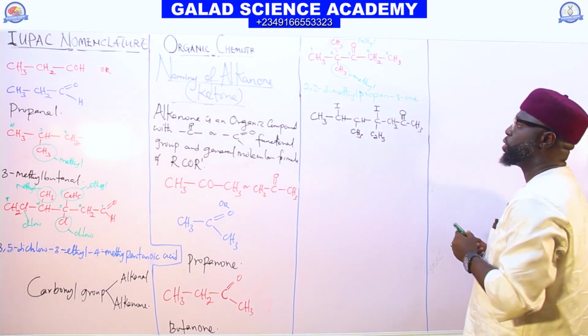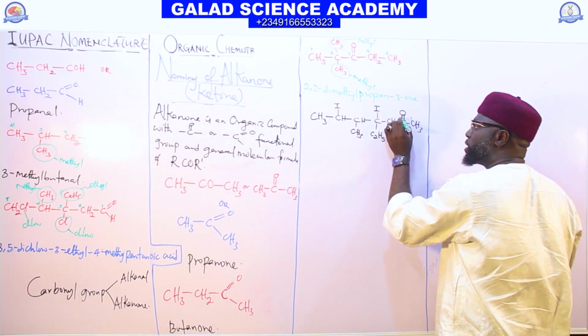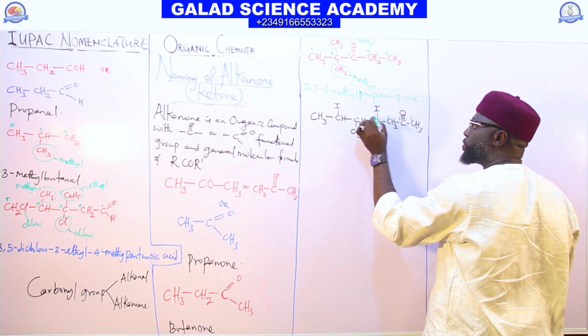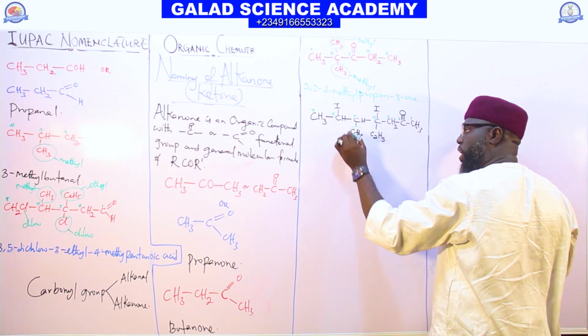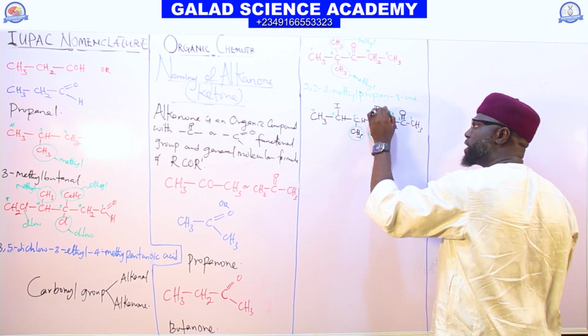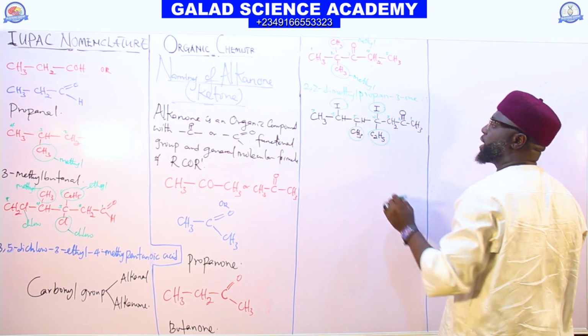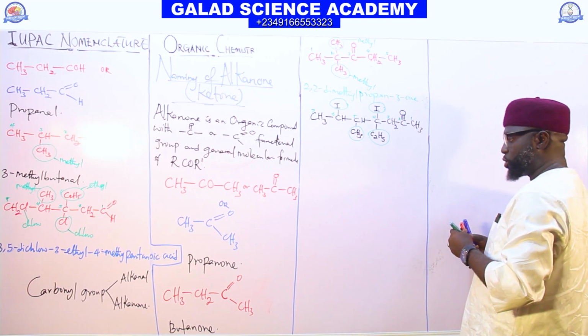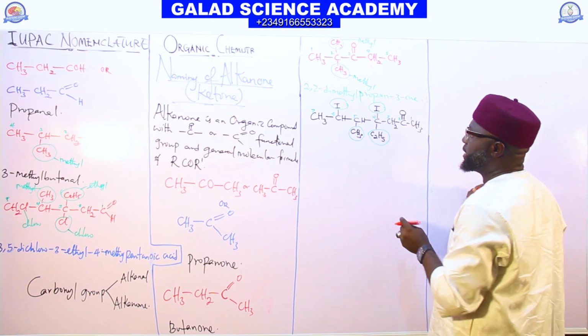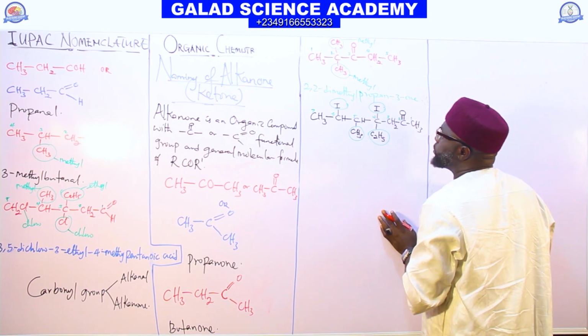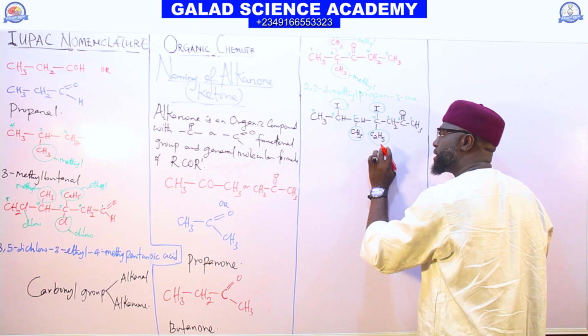Let's go. Here is our functional group. 1, 2, 3, 4, 5, 6, 7. We have methyl, ethyl, iodine, iodine. So what will the name be now?